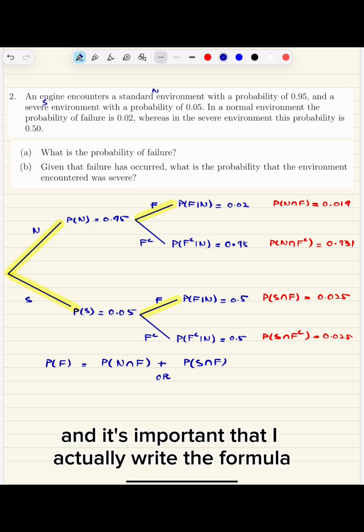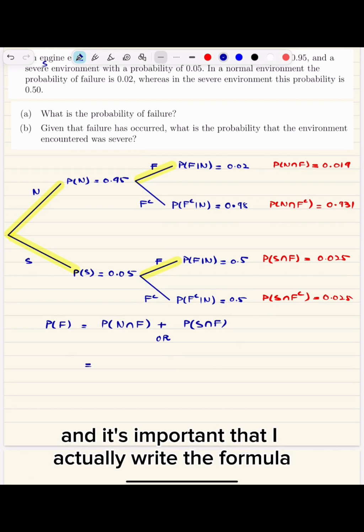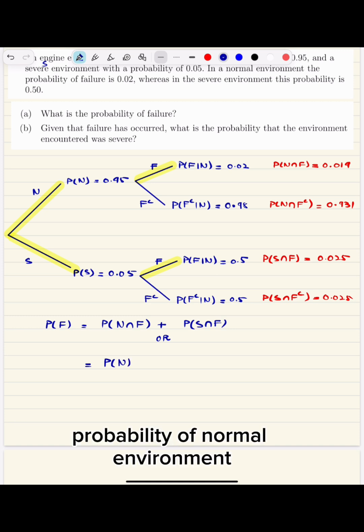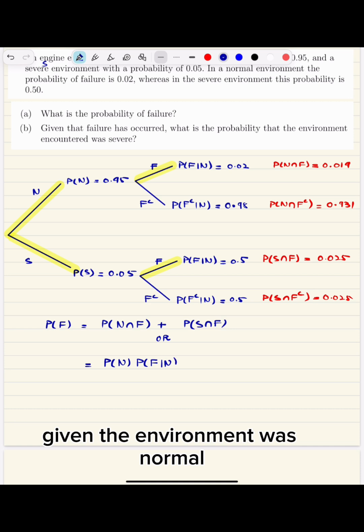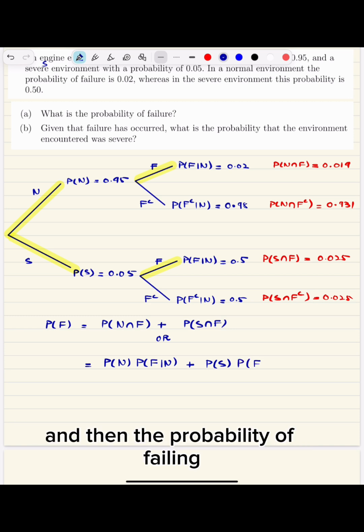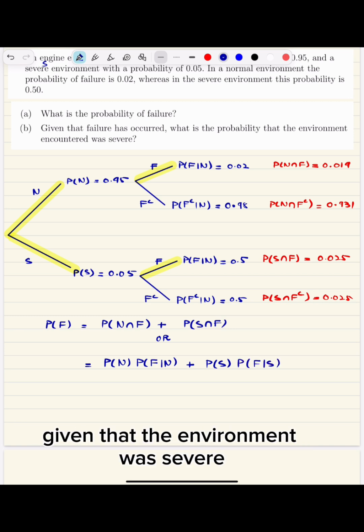Okay, and it's important that I actually write the formula: this equals the probability of normal environment multiplied by failure of machine given the environment was normal, plus the probability of severe environment multiplied by the probability of failing given that the environment was severe.